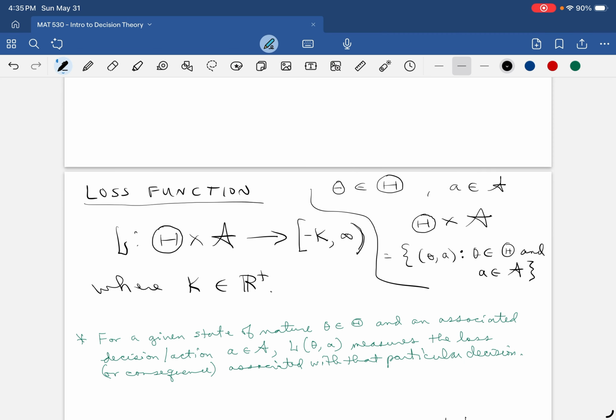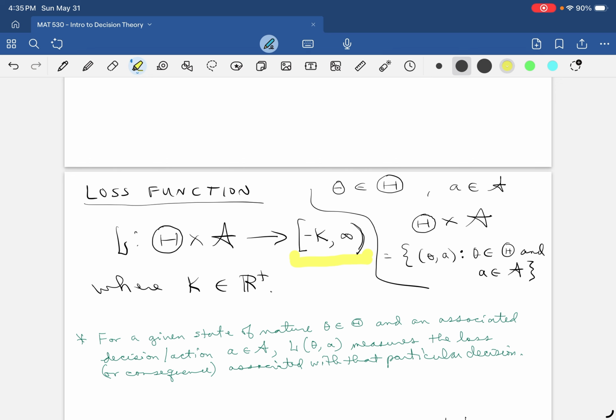So the loss function is technically a mapping from the Cartesian product of the parameter space with the action space, not into the whole real line. For technical reasons, we require that it gives us a value that is bounded below.